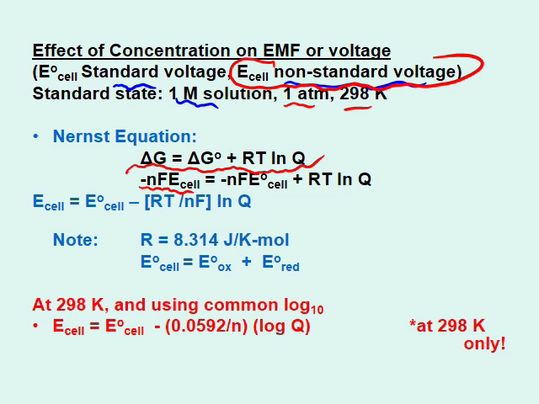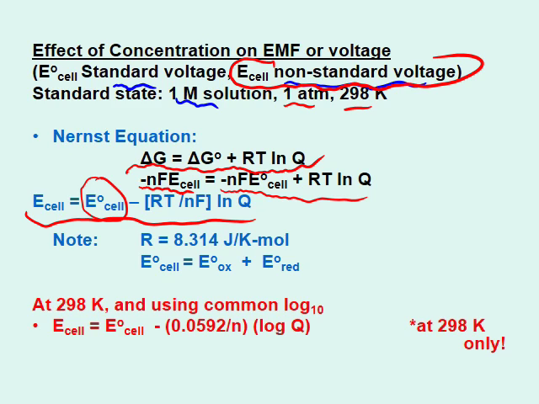So you can see this algebra now, it's simple algebra, minus nFE0 cell, and finally we end up with this. E cell, or cell voltage, under any situation, any concentration or any pressure, would be given by the standard cell voltage under standard conditions, which could be obtained from known values of oxidation and reduction potentials, minus RT over nF, and we already know what n is. n is the number of moles of electrons being transferred.